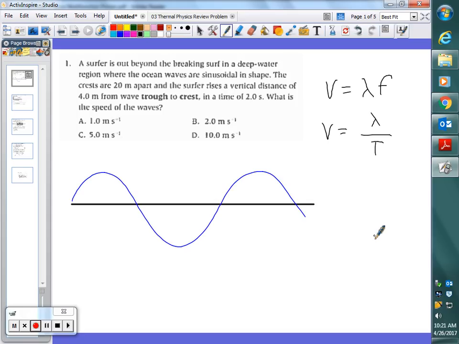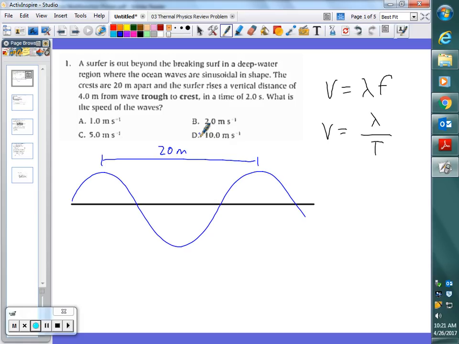In this case, it says crests are 20 meters apart. That's giving you the what? The distance from crest to crest is the wavelength, so that's going to be 20 meters. But then this is where it gets a little bit tricky. It says the surfer rises a vertical distance of 4 meters from wave trough to crest.